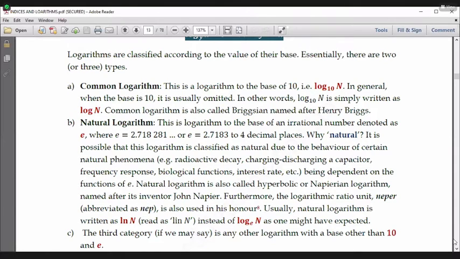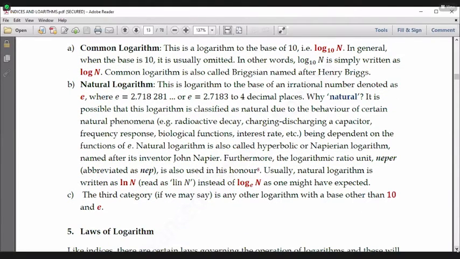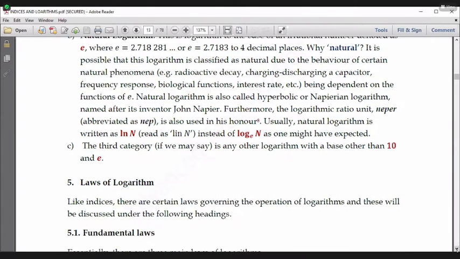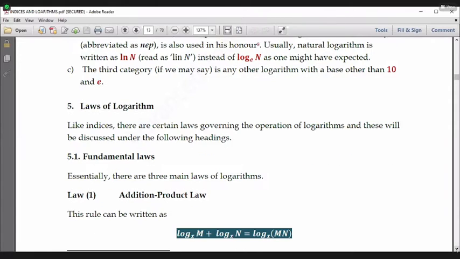But in all, we are going to look at the general rules of these logarithms, and we have what we call laws of logarithms, or rules of logarithms.